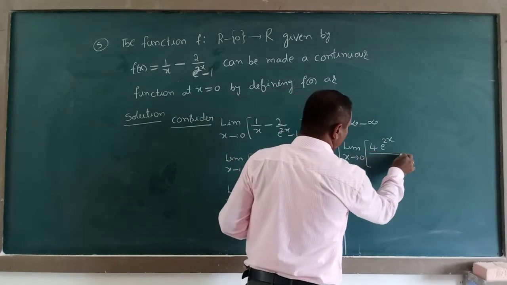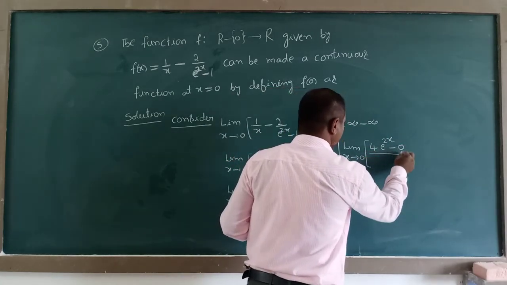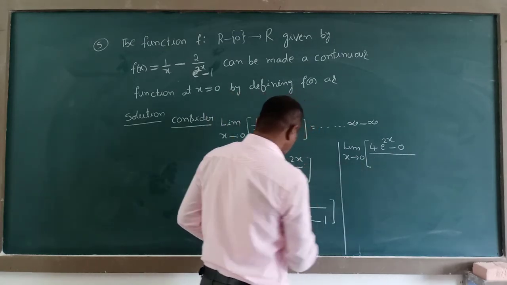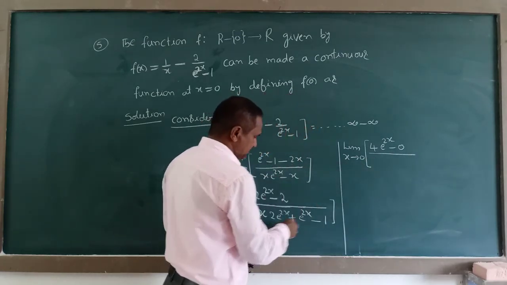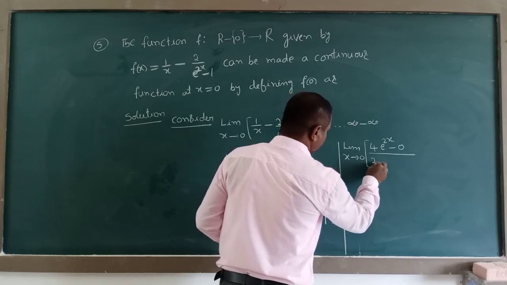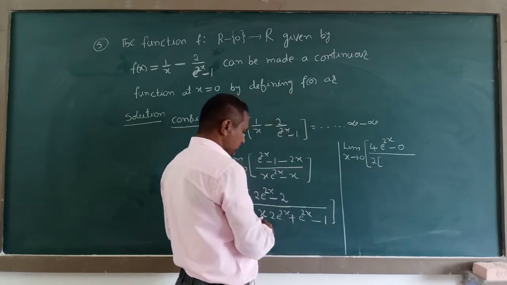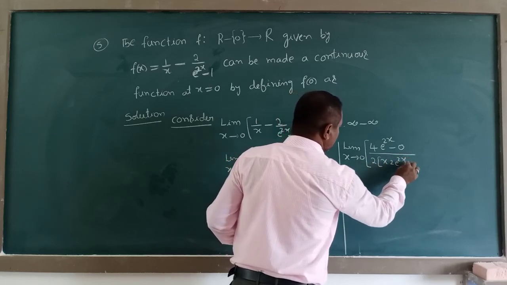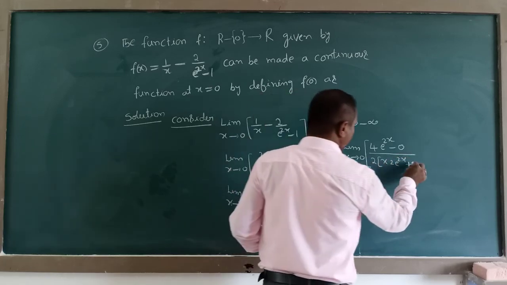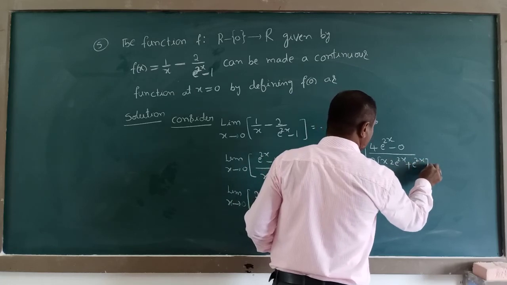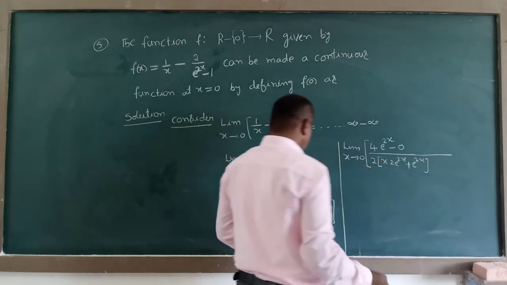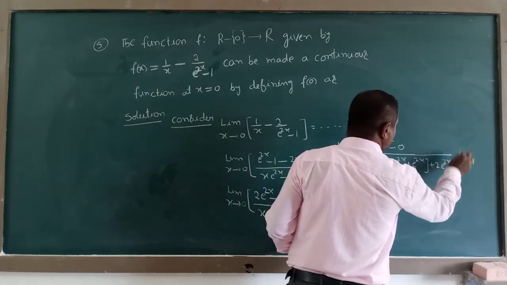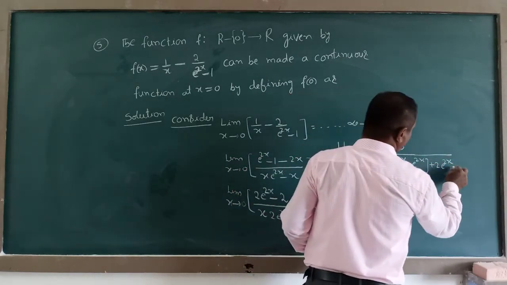The derivative of the constant 0 is 0, and in the denominator, x into 2 e power 2x plus e power 2x, plus 2 e power 2x, minus 1 gives 0.